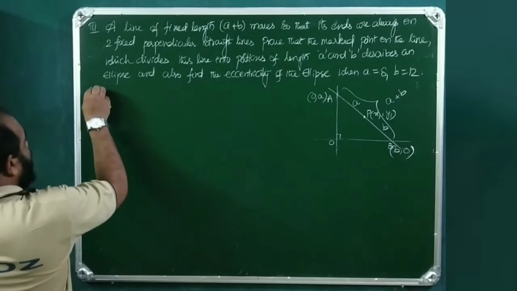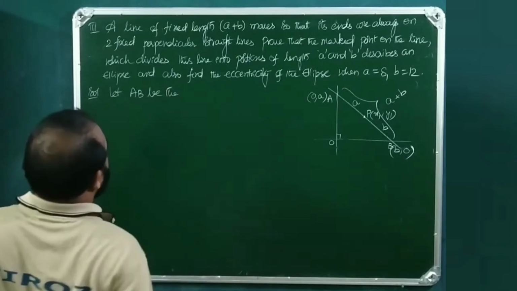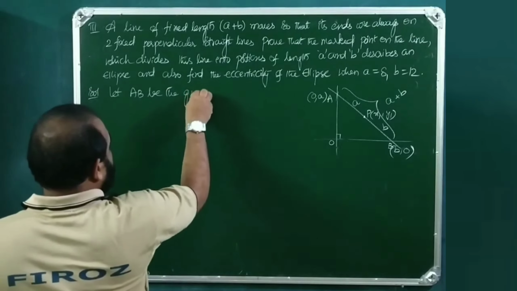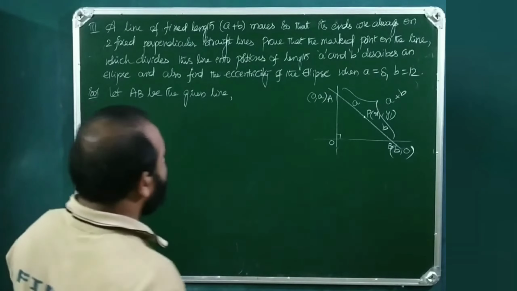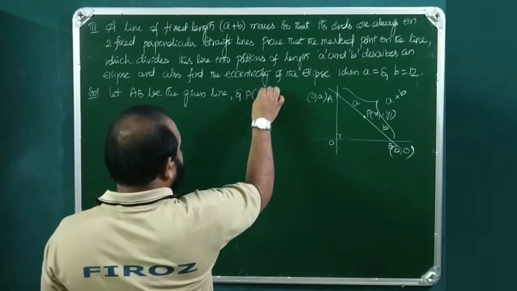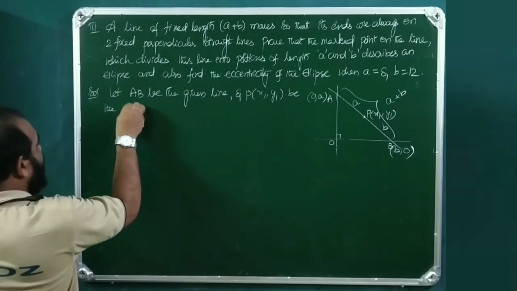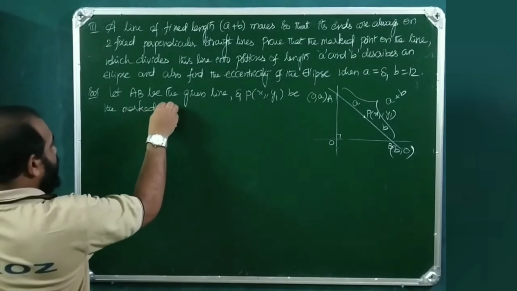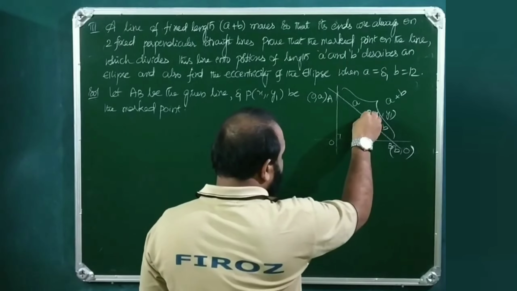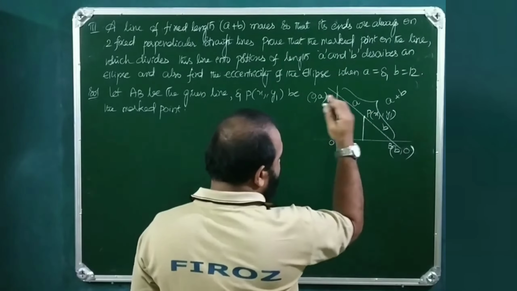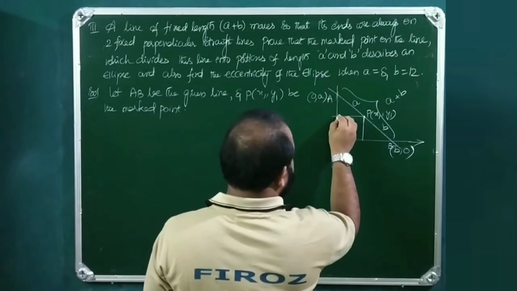Now, let AB be the given line and P(x1, y1) be the marked point. Now, I will drop a perpendicular from P onto the x-axis and y-axis.